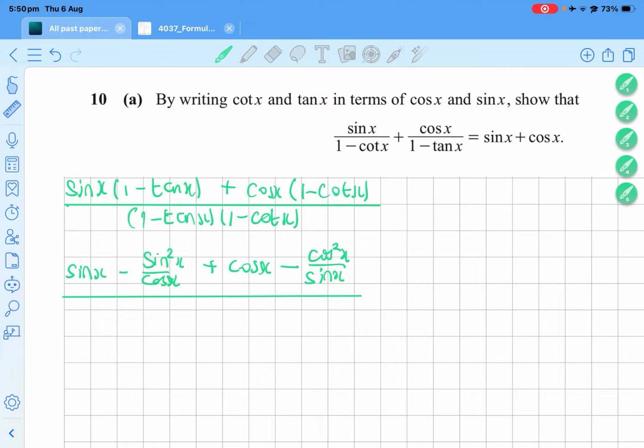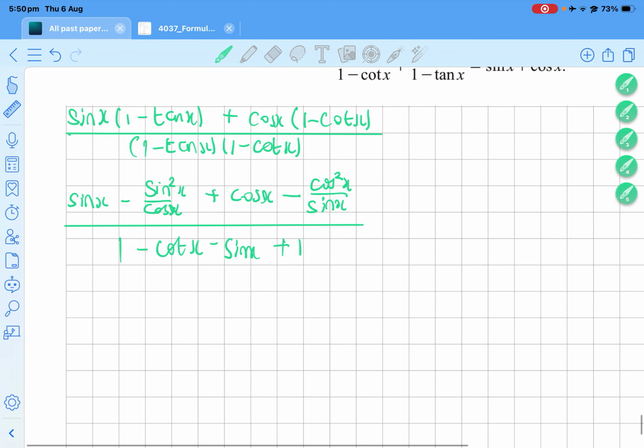So this is 1. So minus cot x minus sin x, and then cot times tan is just 1, and then since minus, it's the same thing now. You can see sines over here, and then you can see a whole army of cos's over here.